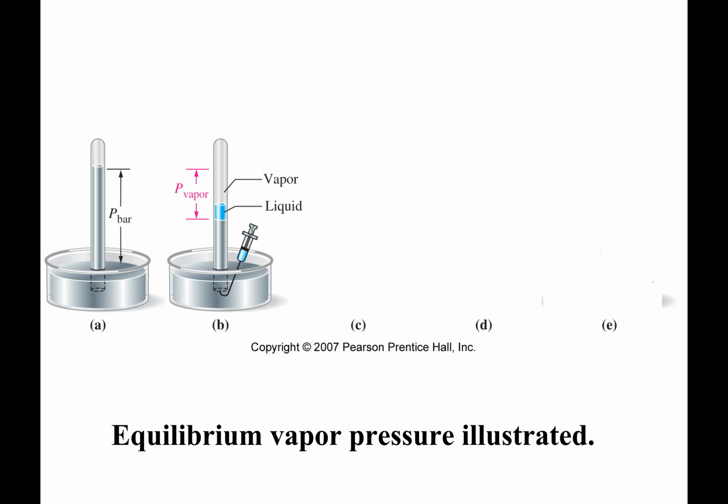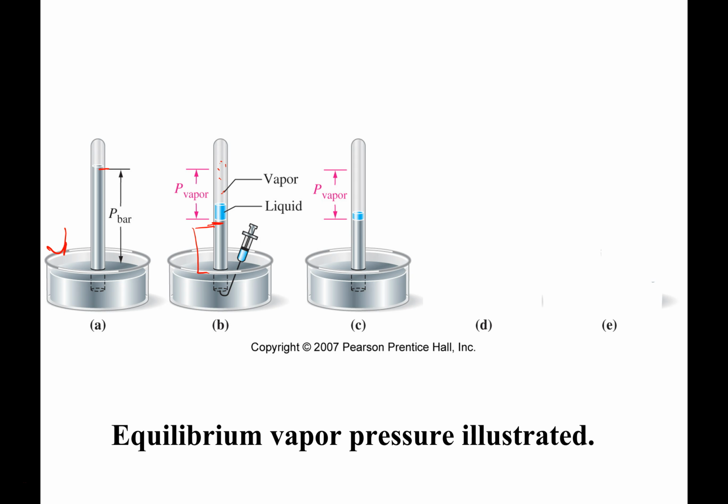This is barometric pressure, just from the pressure of the atmosphere. But notice here it only went up this high, and the reason is these extra gas particles in there. So we can actually get a fix on the pressure of that gas.